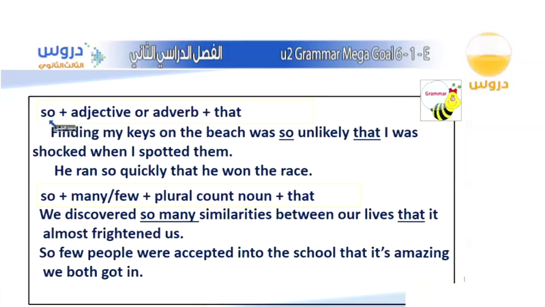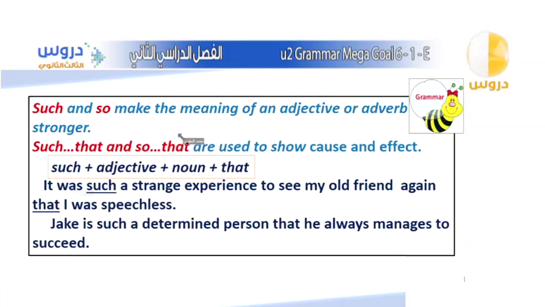Now we have another form of using so. So, adjective or adverb plus that. So we use so, then adjective or adverb, then that. With such, we have only adjective. There is no adverb.